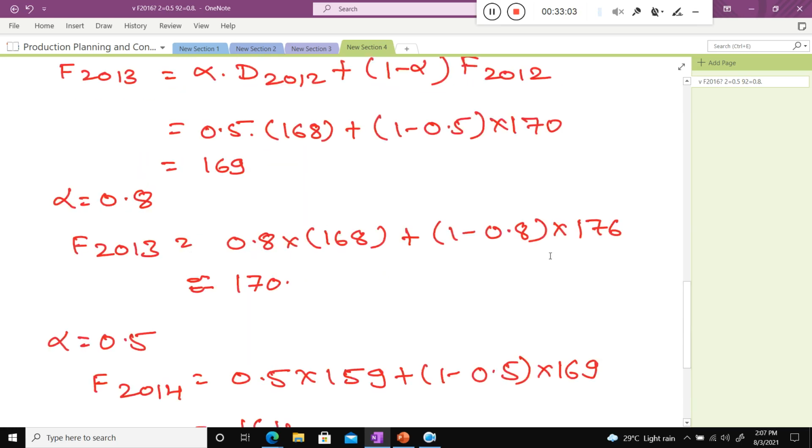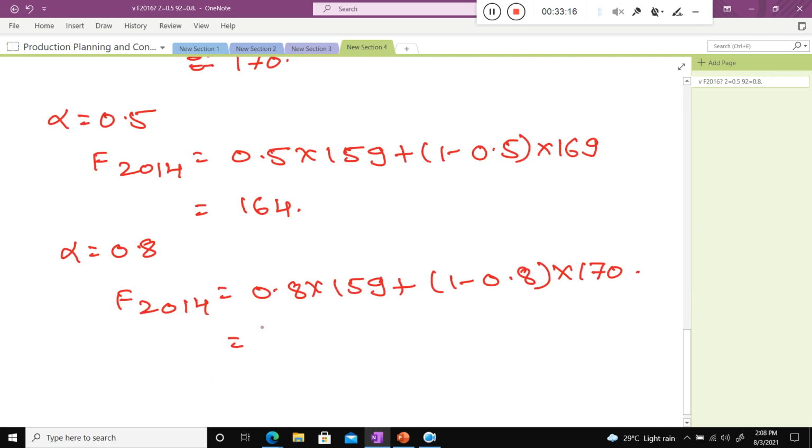No, I think that one you found out 170, this one. Okay, so I put 170 here. So can you calculate, class, when alpha is equal to 0.8, what will be the F 2014?